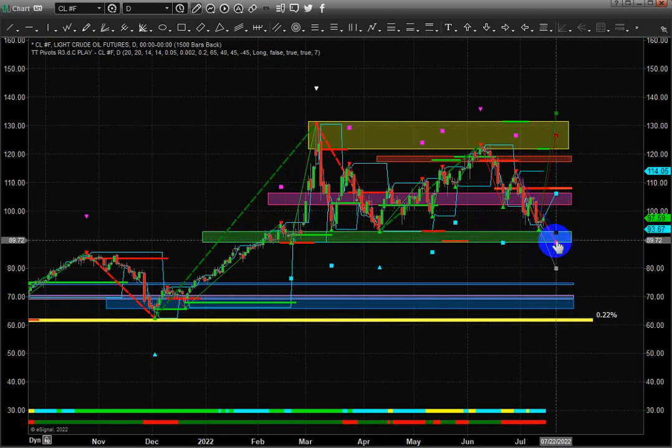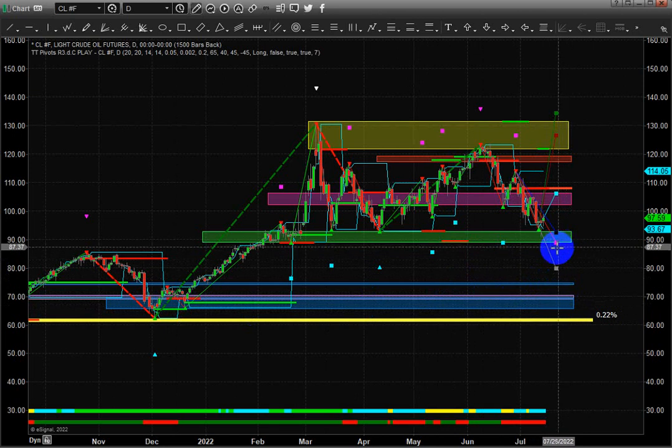If price gets below this $89 level, then we start to move down into the $79 level. That's clearly below this resistance level and above these two support levels, which is a dual level down here.